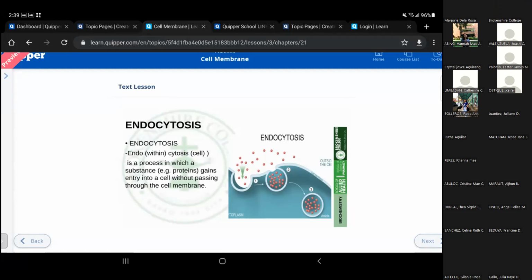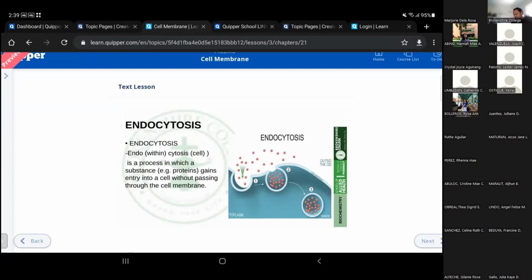Okay, going back. So, yun, no? Yun yung ginagawa niya. Again, a portion ng cell membrane becomes part siya ng vesicle, no? Vesicle that will enclose the molecule that moves in. So, most likely, itong endocytosis, more on sa mga solid particles, no?